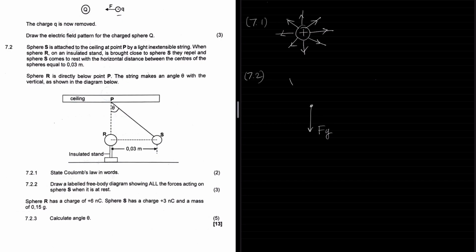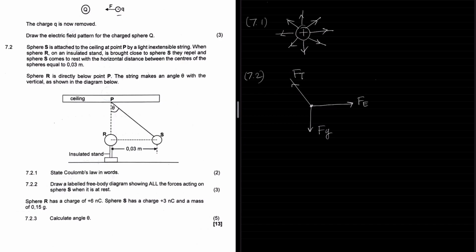So the tension force will be like this, slanted. So that's Ft. And it's experiencing a force of repulsion from R. So R is pushing it to the right. Let's call that Fe, the electrostatic force. So those are the three forces.